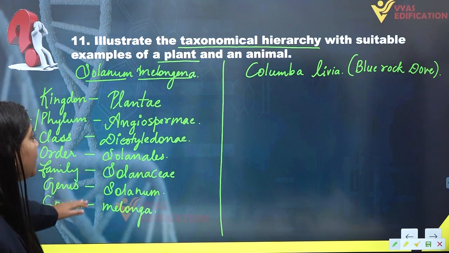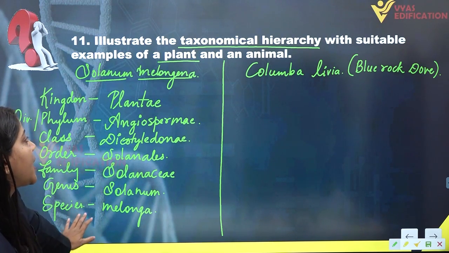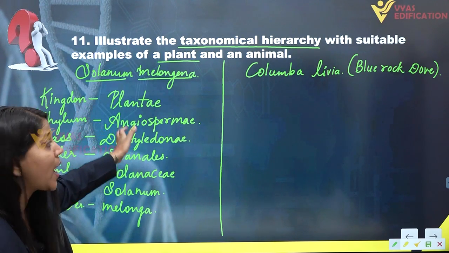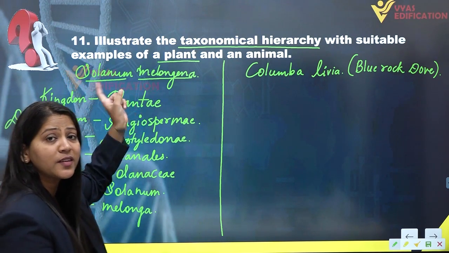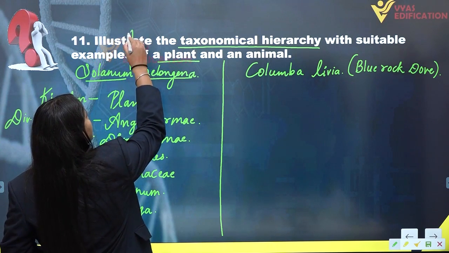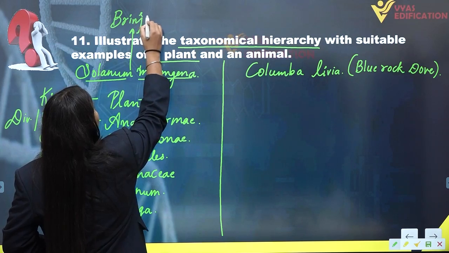So this is how we write the taxonomical hierarchy of a particular organism. In case of plants, we took the example of Solanum melongena, the scientific name for brinjal.